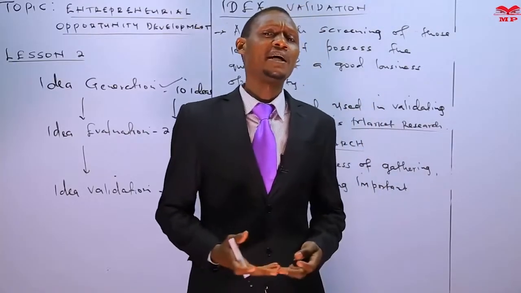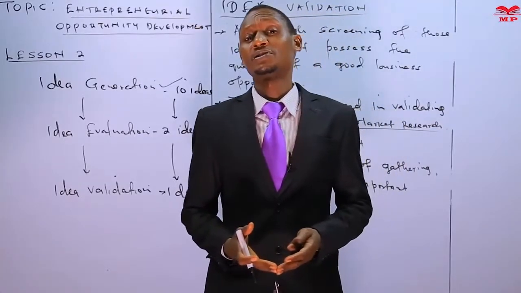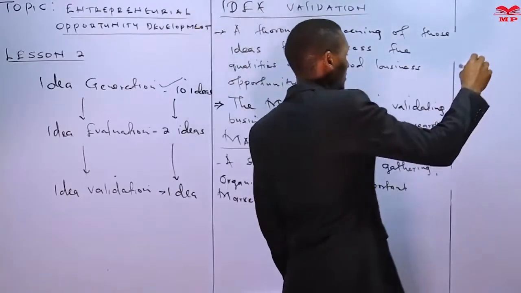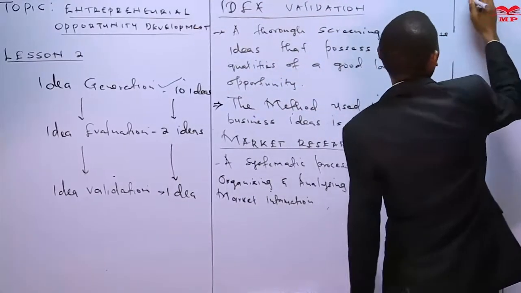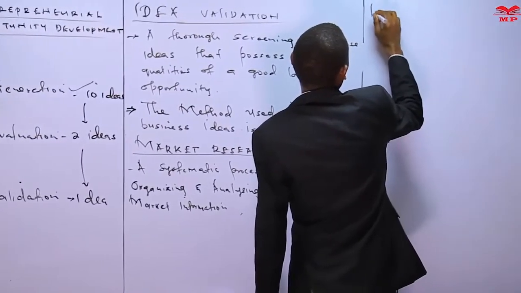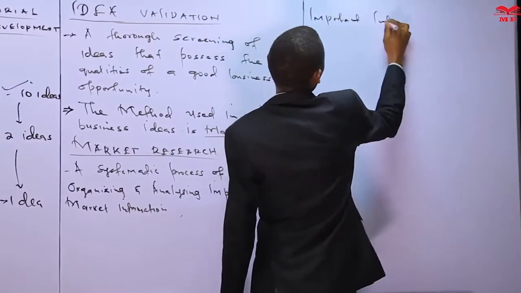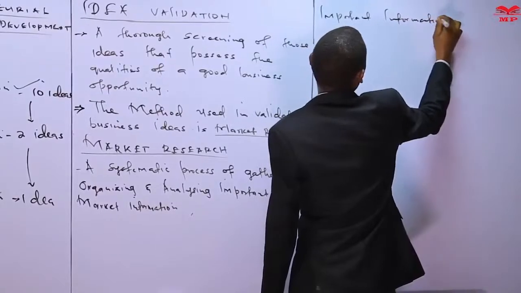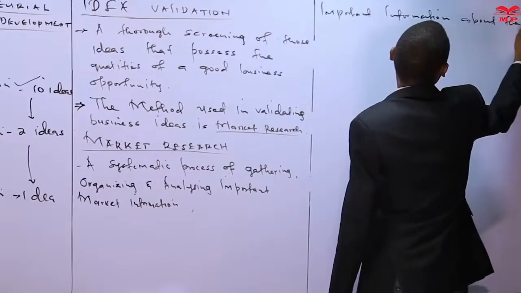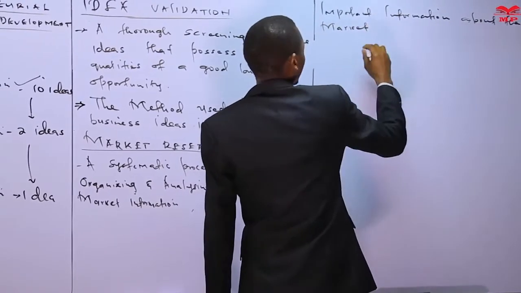What kind of market information or variables does market research seek to understand? The entrepreneur wants to understand important information about the market, which will inform whether to proceed with the idea or not.